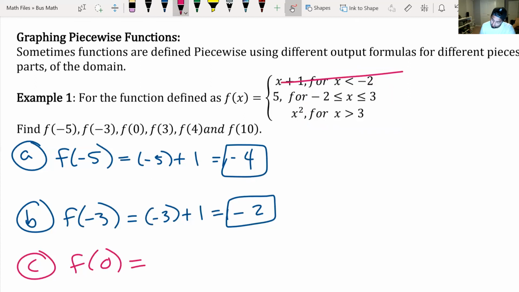Is 0 in between -2 and 3? Is 0 in between these two x values, -2 and 3? And that answer is yes. And since 0 is between those two x values, the only output we get to use is 5. So f of 0 is 5. That's it.